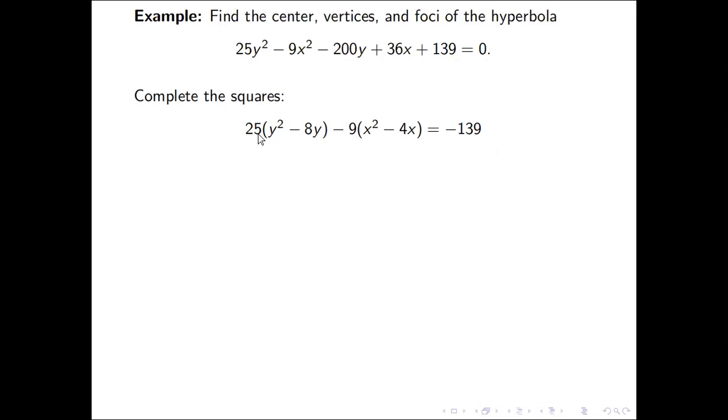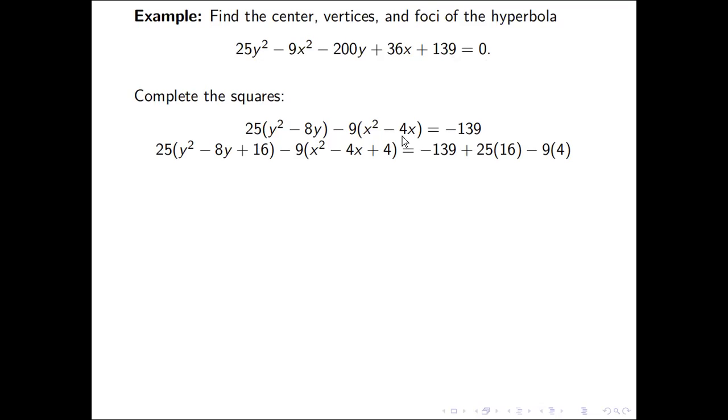Once you've factored out 25, you will have y squared minus 8y. Factoring out 25 here, you're left with an 8. And factoring out -9, you'll be having x squared and then minus 4, okay, from 36. And then we make these perfect squares. So we add the following: 16. Again, divide this by 2, square it, add 16 to this expression.